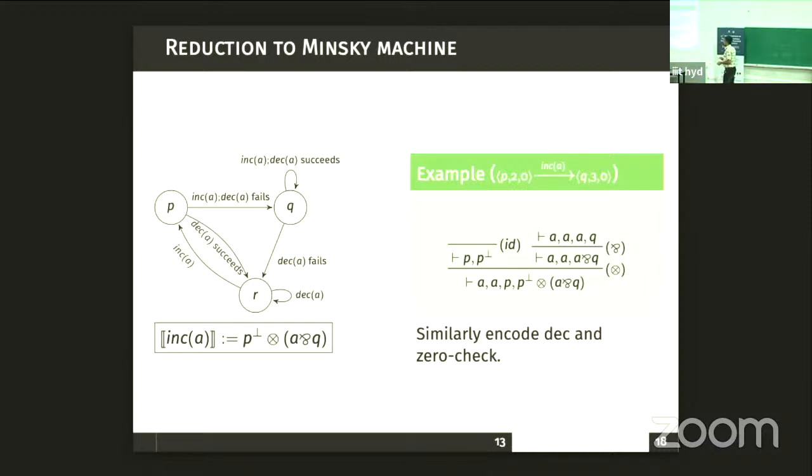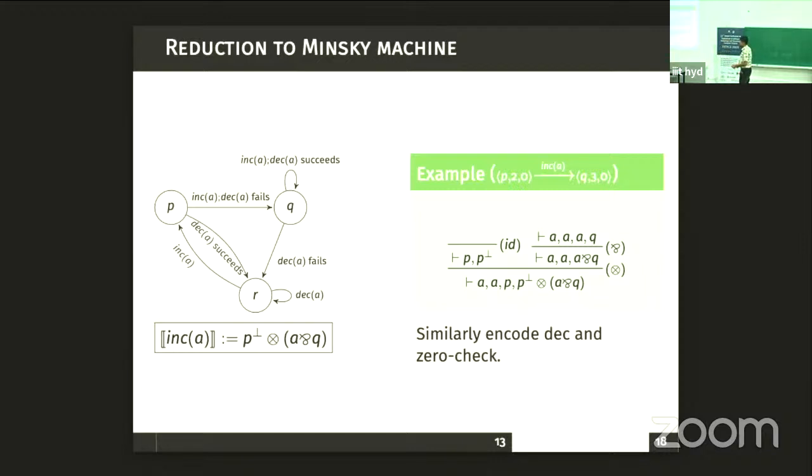So let's say you want to encode incrementing A, where we go from a state P to Q and we increment the register A. In linear logic, we always think of resources, right? So we consume something, we produce something.